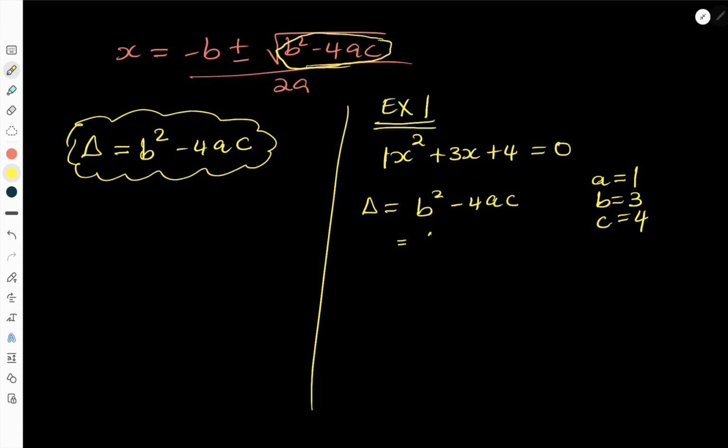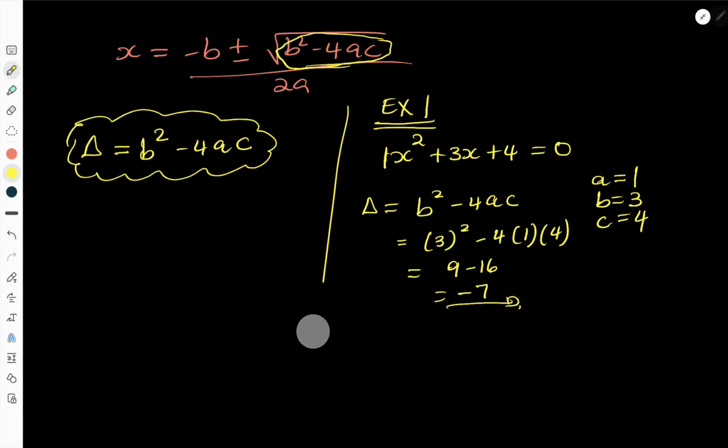Your b value is 3 squared minus 4, your a value is 1, your c value is 4. Then 3 squared is 9 minus 16. 4 times 1 times 4 is 16, which gives negative 7. You found delta. But now you have to know something.